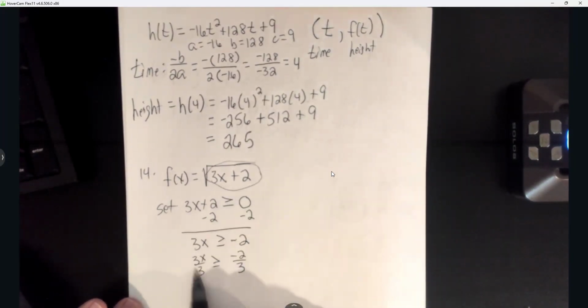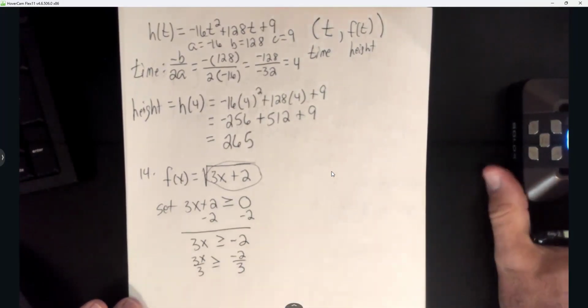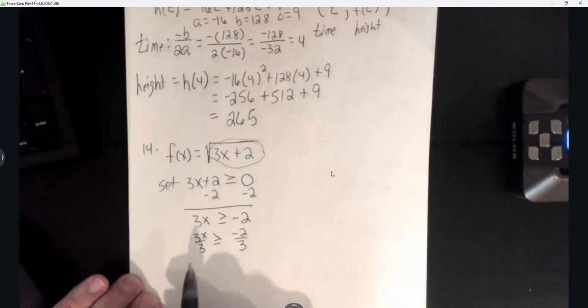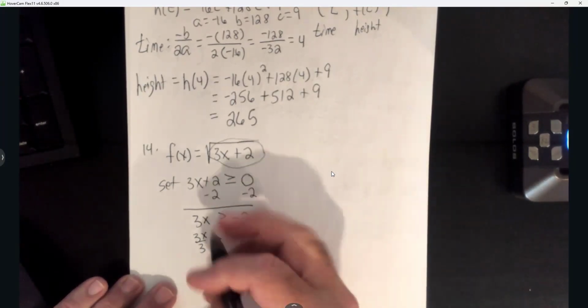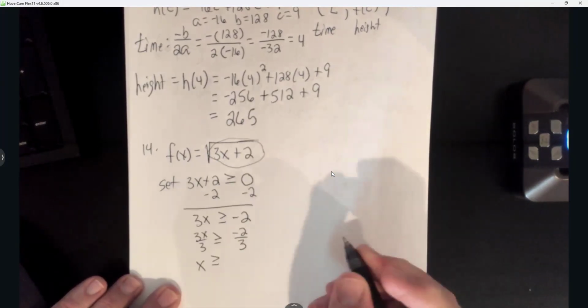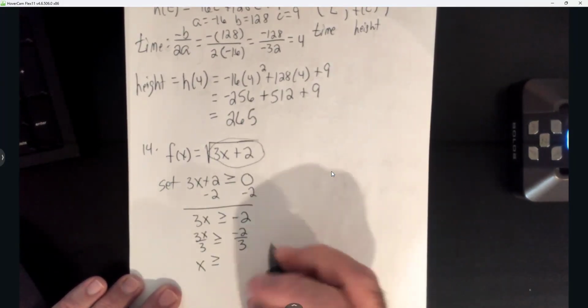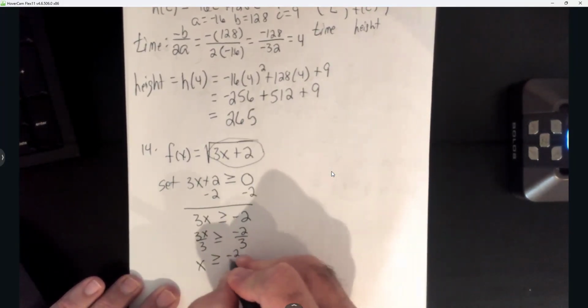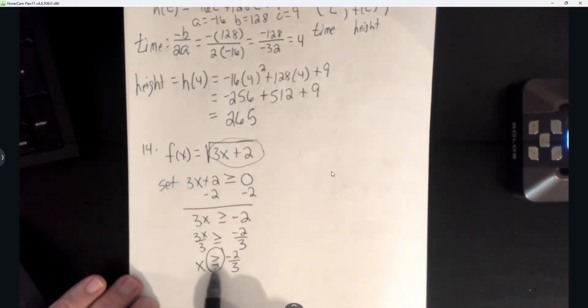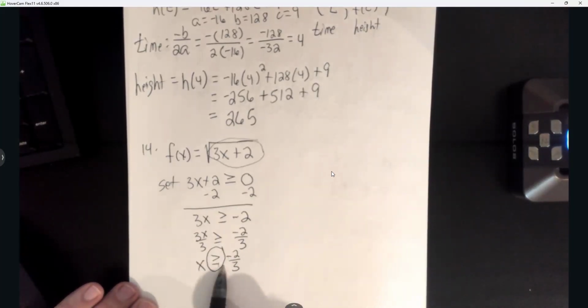Now, since I'm dividing by a positive number, I do not reverse the inequality. I only flip it if I'm dividing by negatives. So since I'm dividing by positive, this will give me x greater than or equal to, and I can't do nothing to that, so that's going to stay a negative 2/3. So I want the one that has the greater than or equal, okay?